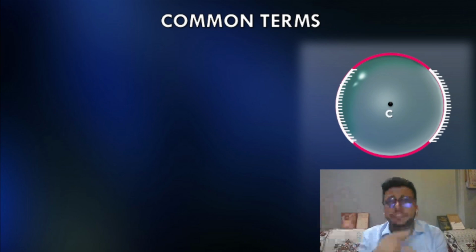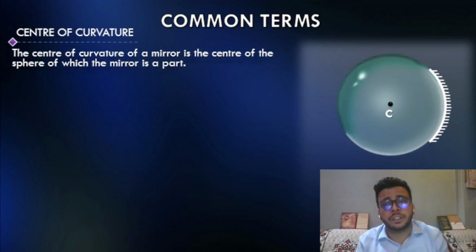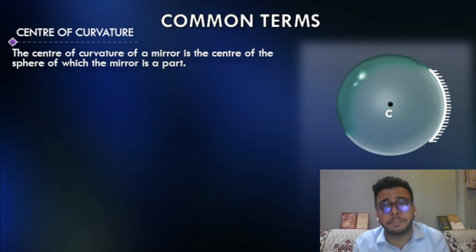And from this sphere we make a mirror. That is why we say the center of curvature of a mirror is the center of the sphere of which the mirror is a part.